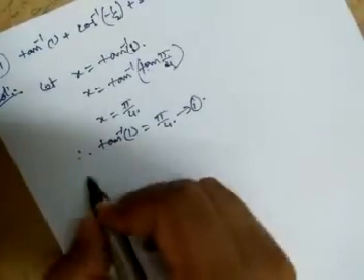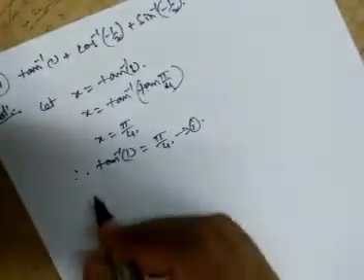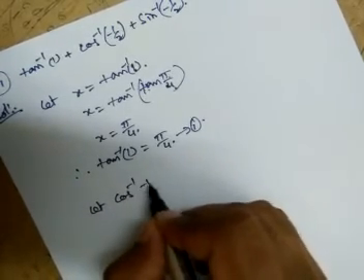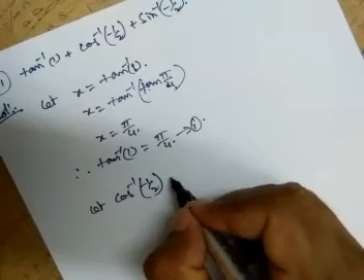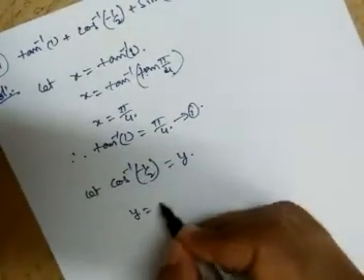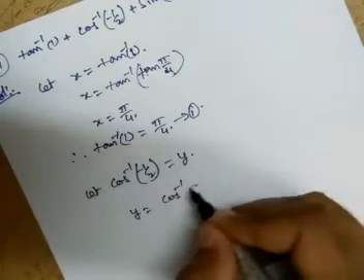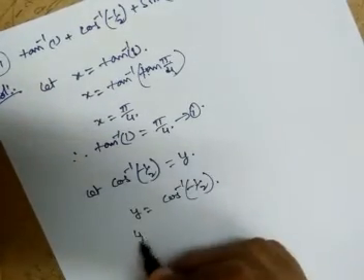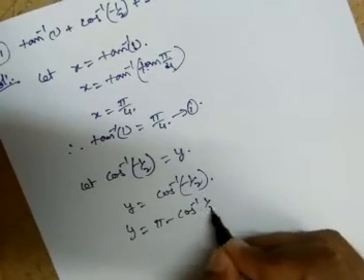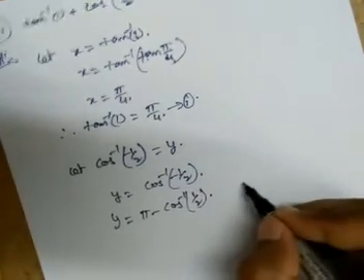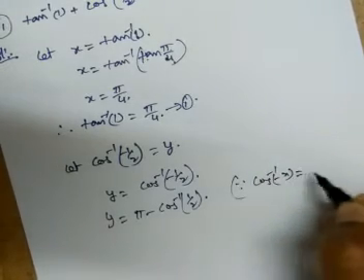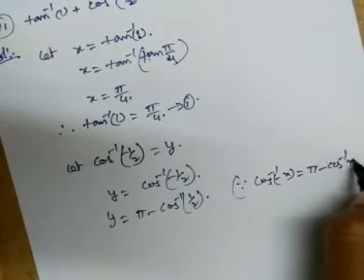Okay. Next, I am taking the second term, that is cos inverse of minus 1 by 2. Assume it equals y, then y equals cos inverse of minus 1 by 2, that is y equals pi minus cos inverse of 1 by 2, because we know that cos inverse of minus x equals pi minus cos inverse of x.